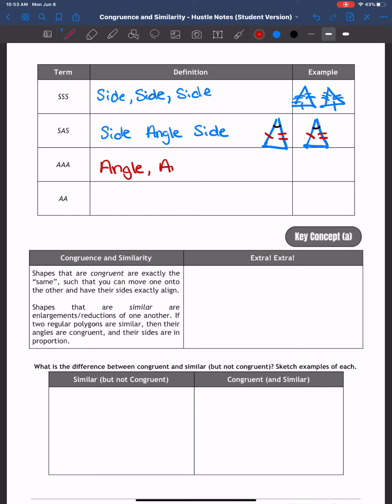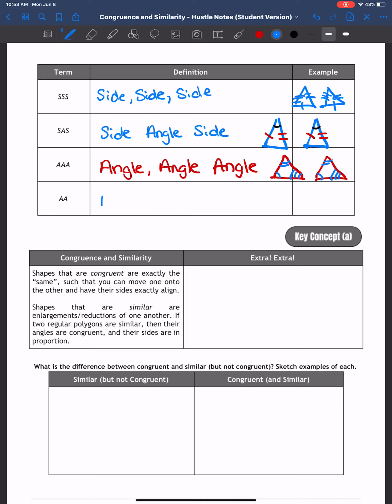Then you have angle, angle, angle, which is the same. All three angles are congruent. So this angle is congruent with this angle, this angle is congruent with this angle, and this angle is congruent with this angle.